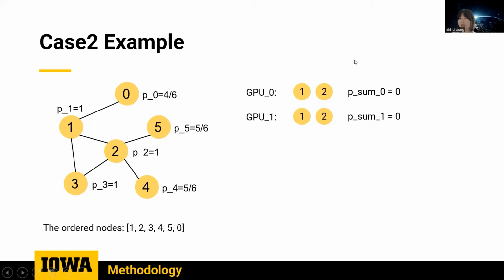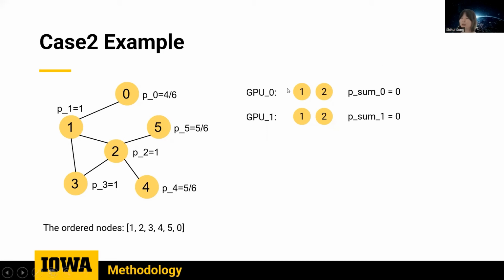We will first initialize the GPUs with node 1 and node 2, and P sum is the sum of probabilities of new nodes on each GPU. So we'll initialize these two variables to 0, and we need to replace the nodes on the GPU that has the smaller P sum every time.